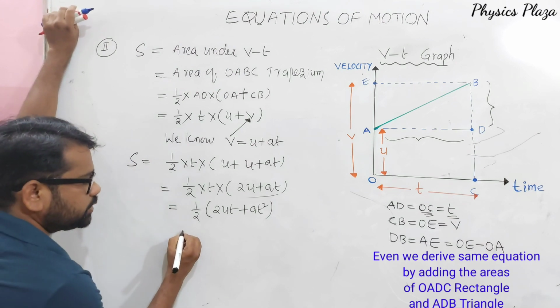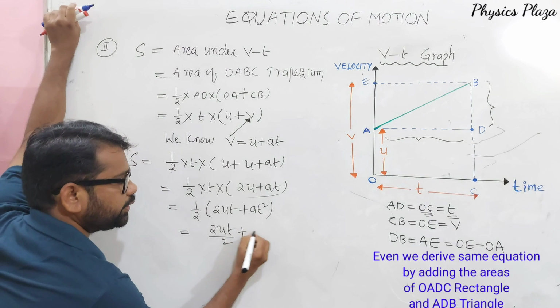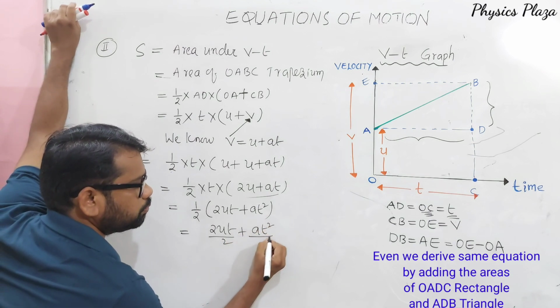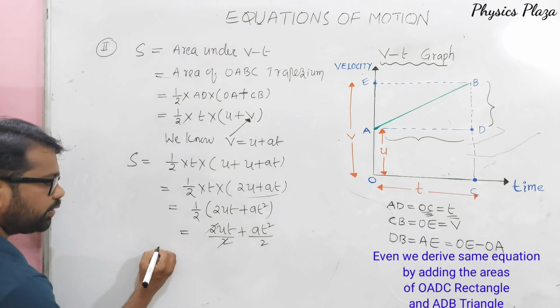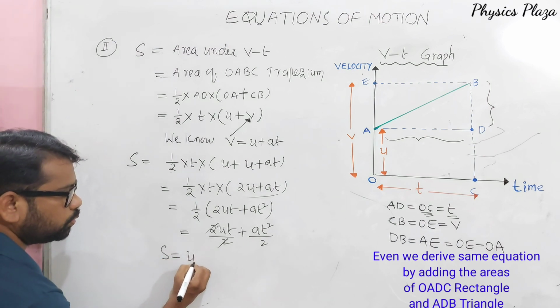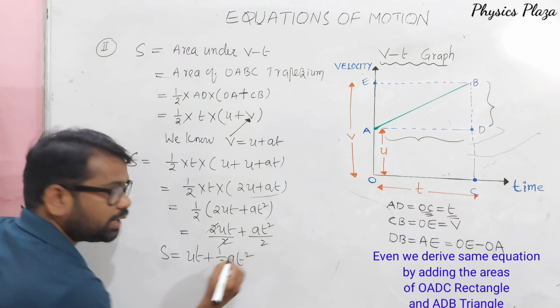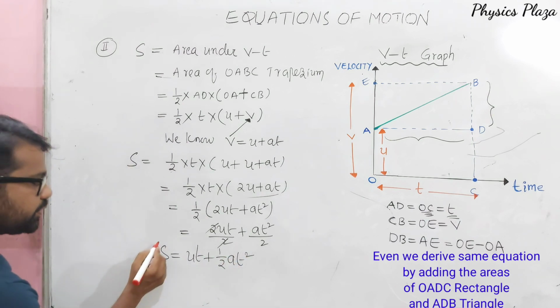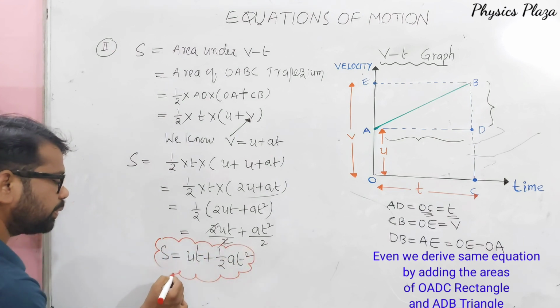So it is going to be 2ut by 2 plus at square by 2. The 2 gets cancelled. So finally what do we get here? S is equal to ut plus half at square. So children, this is the second equation of motion. S is equal to ut plus half at square.